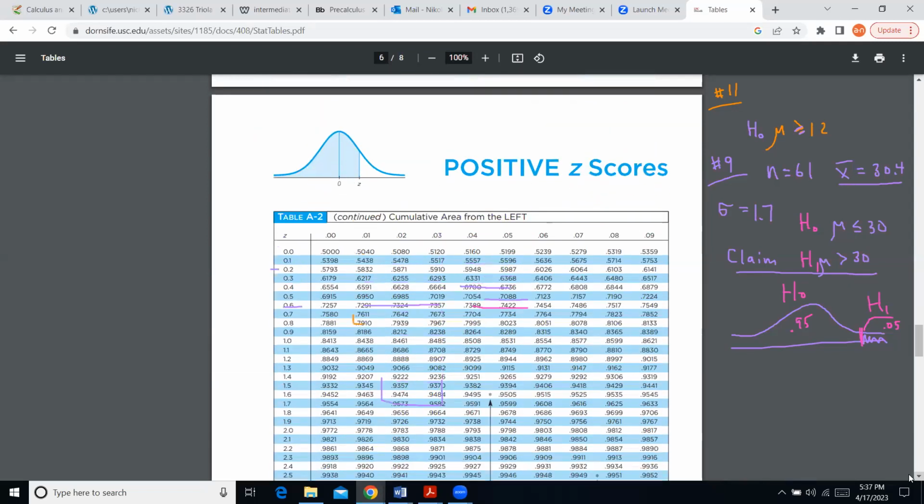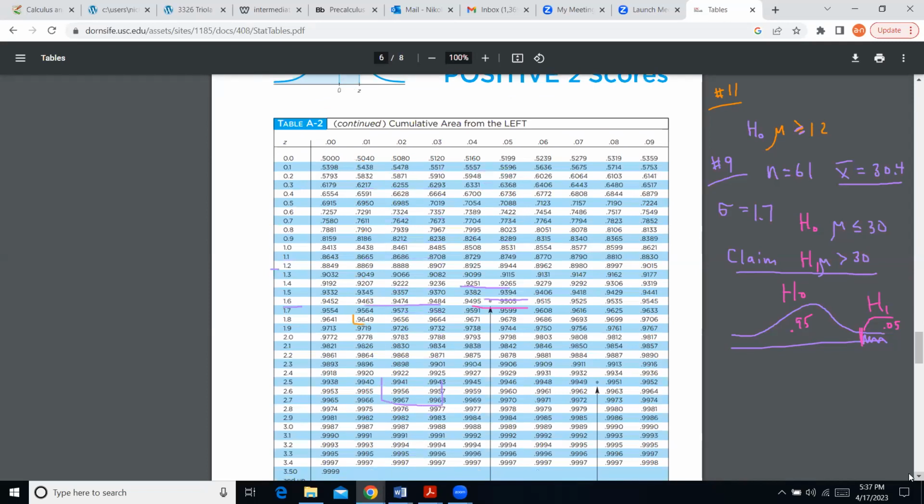So the positive z-scores is what I'm looking at right now. And I need to get 0.95. So where is that number? It looks like it's right there.